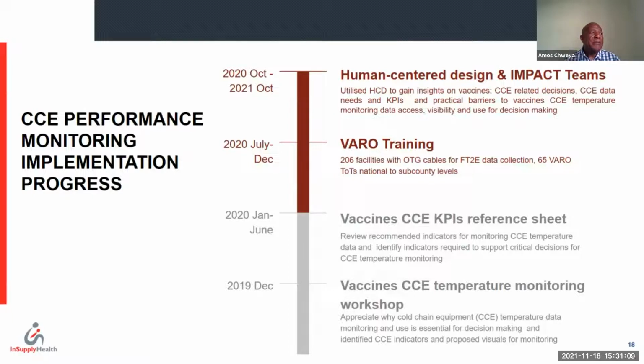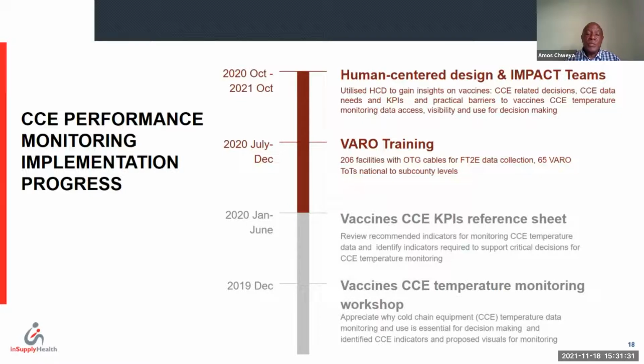We had, I think, UNICEF represented and many others, including EPI managers from the national level, county to sub-county level, coming together and trying to look at what can make them start reviewing and monitoring cold chain equipment data or temperature monitoring data.